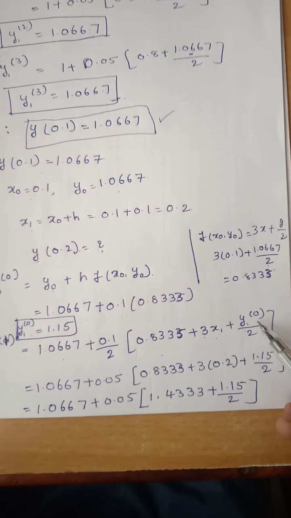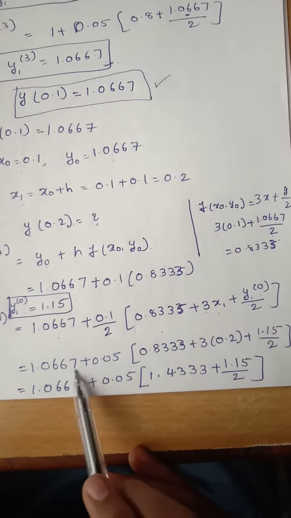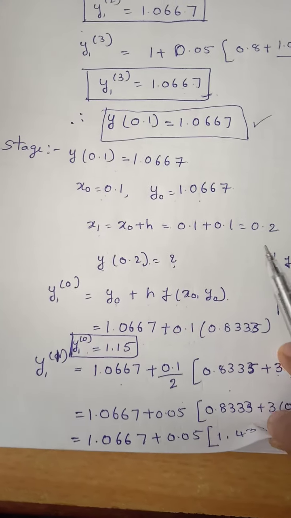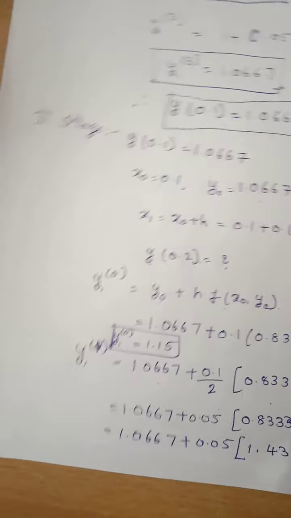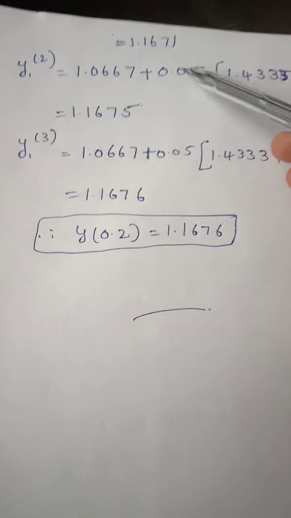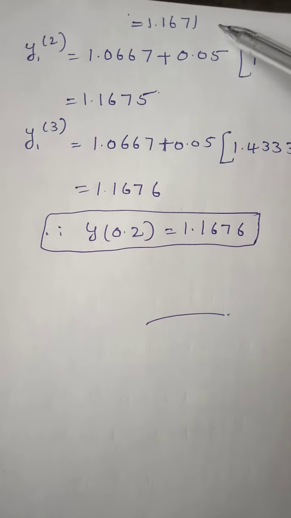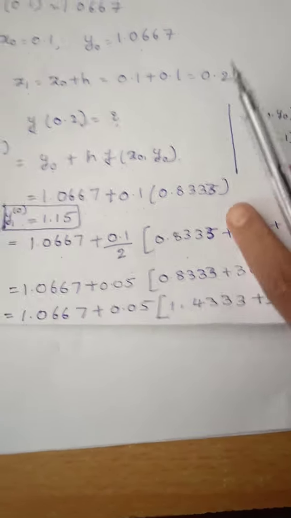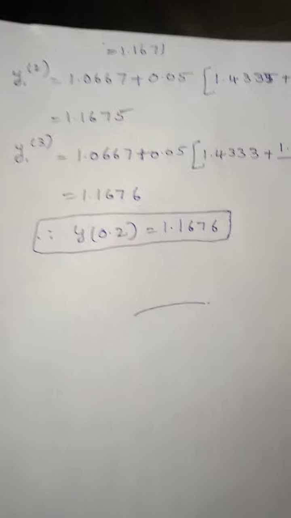Substitute the y1 of 0 value here and simplify this. So you get y1 of 1 as 1.1671, after simplifying these terms by using the calculator.